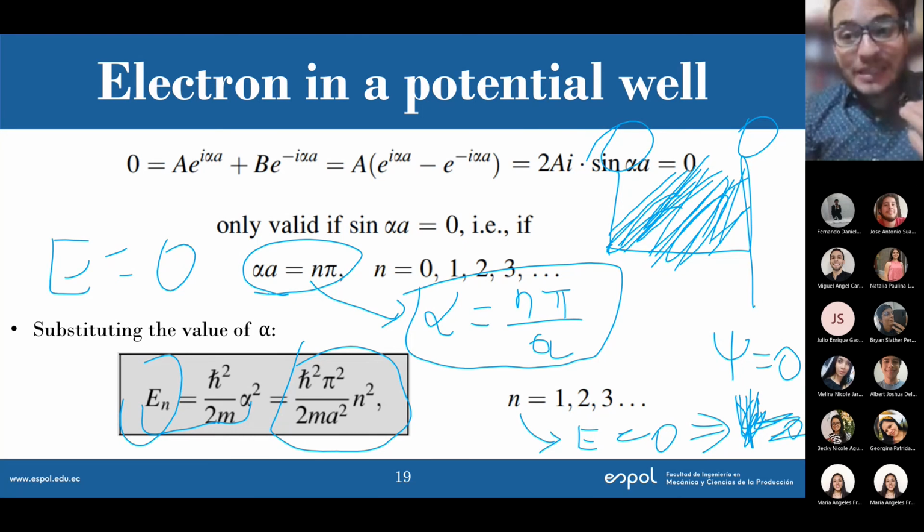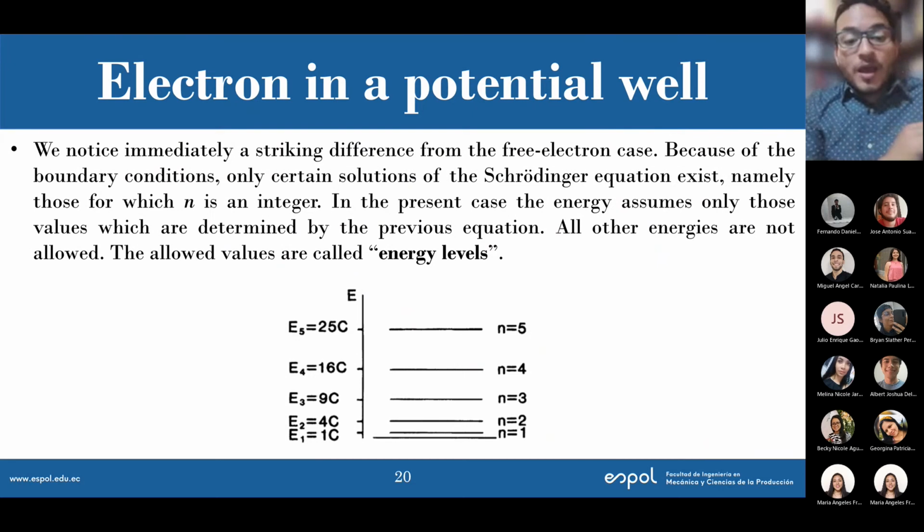So now what's happening, guys? We now see a difference from the free electron case. Because of these little things that we changed, these boundary conditions, now only certain solutions of the Schrodinger equation exist.